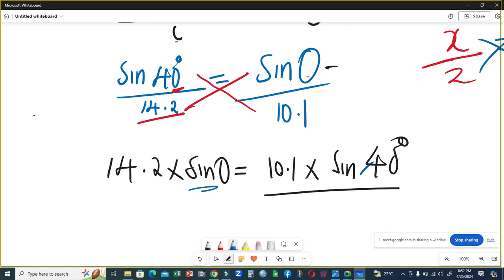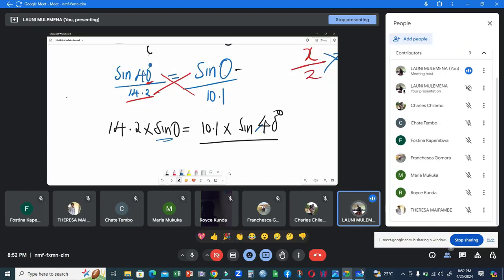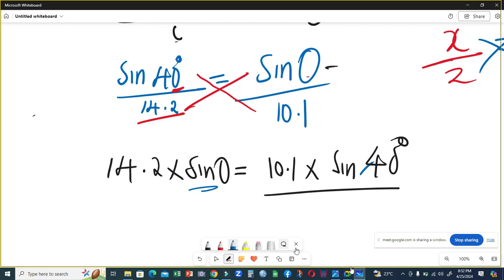After writing it in this way, remember, what are we looking for? We are looking for the value of angle O. So for us to find the value of angle O, we first need to remain with sine O alone on the left hand side. Okay?